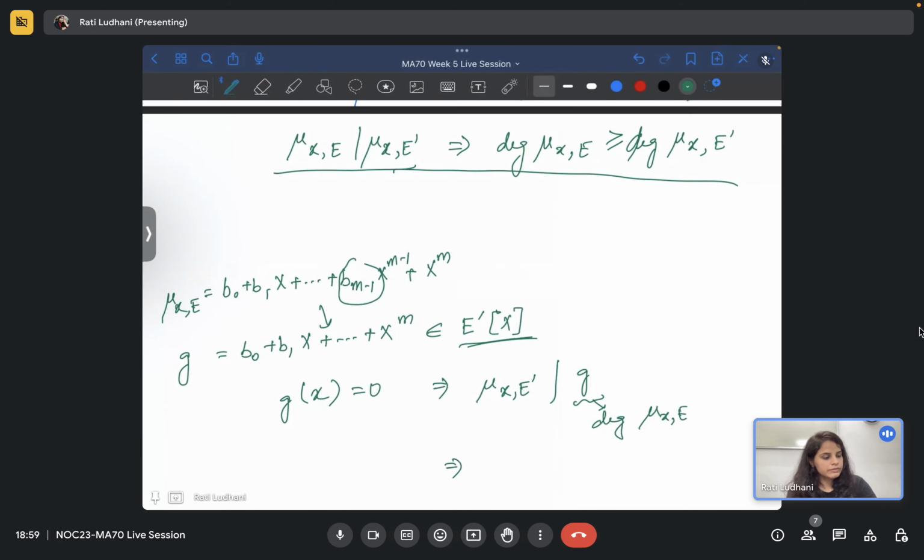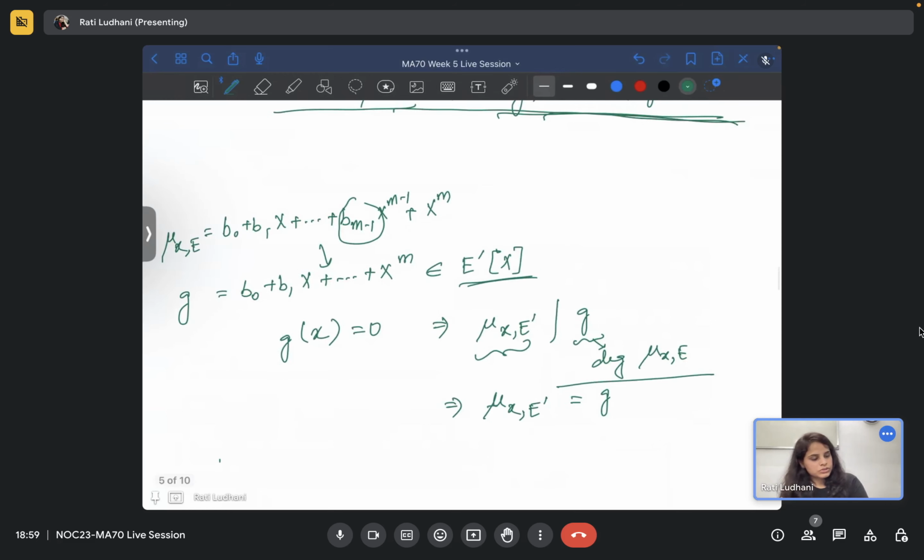So it does not have any choice, because you have this condition, and you have this condition. So this implies mu(x, E), if the degrees are same and these are monic, so that has to be equal. So this is equal to this g. So this implies mu(x, E) is equal to mu(x, E').